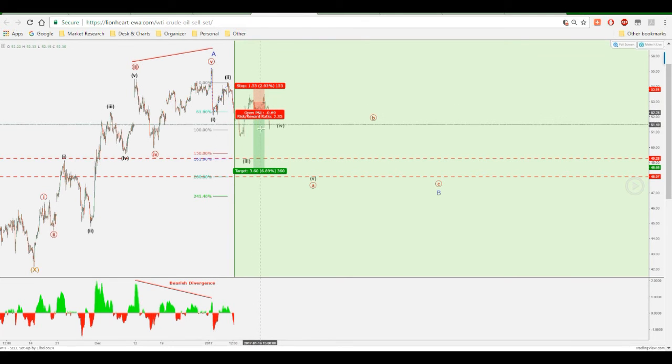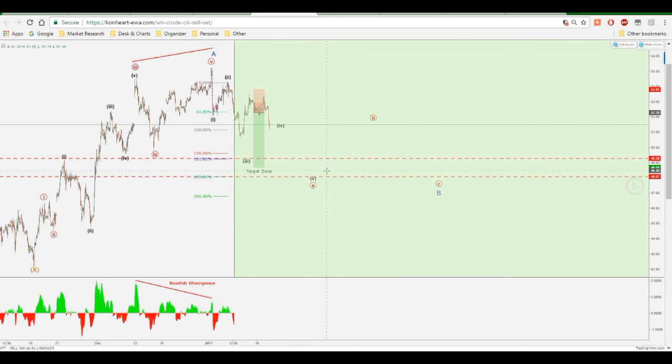So this could be either an extended third leg or an ABC corrective, a B corrective within this C. So this one can be A, then these two can be B, and then C. So we have an A right here, and then A, B, C, which is completing B, and then C on the downside, completing basically four. But we will actually see, completing A. I'm sorry for that.